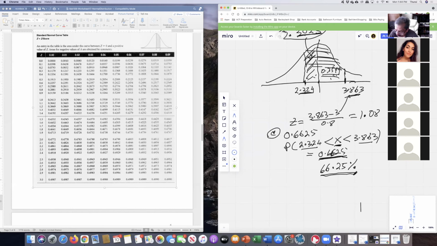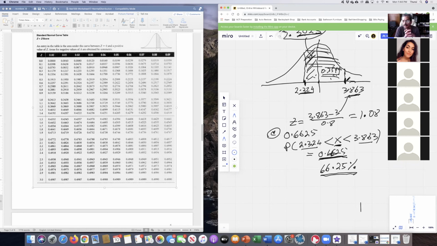The entire area is 1, right? So the probability for this region is 0.66, meaning 66% of the entire area is right here. For the percentage question, the answer is the same as the probability, but you have to answer it in percentage form. Multiply by 100, that's your answer. So the questions can be different, but the answer can be found by looking up the table.